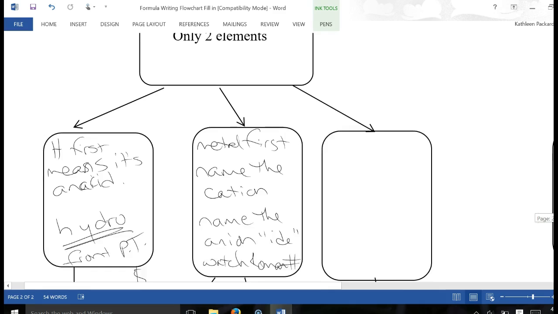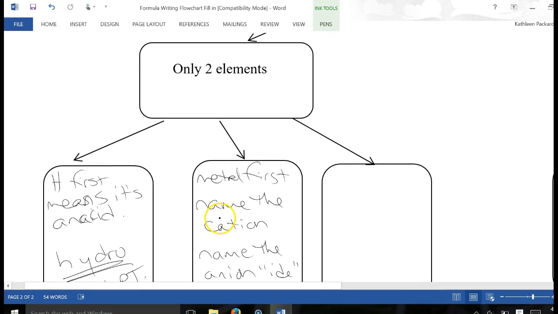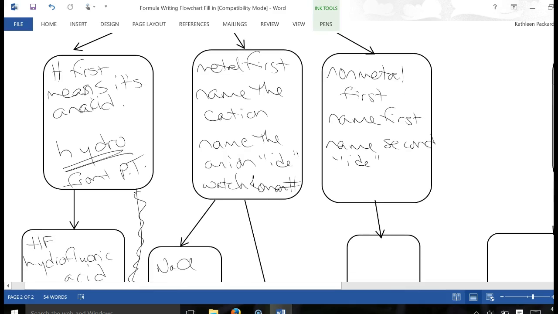Okay, the last kind is when it's not an H first and it's not a metal first, it's a non-metal is written first. In this case, you name the first element, you name the second one, and you add IDE at the end. So that case, it's very similar. IDE refers to binary compounds.